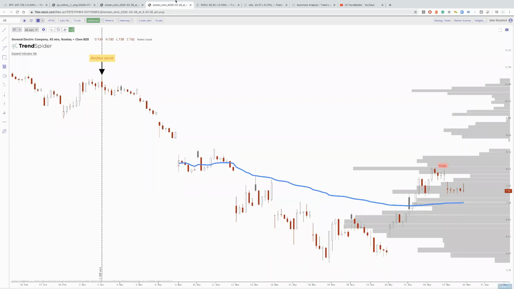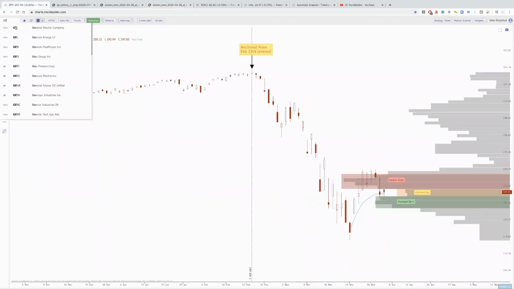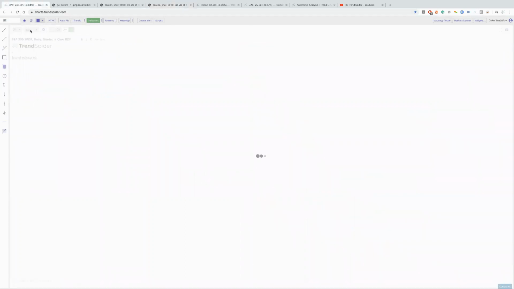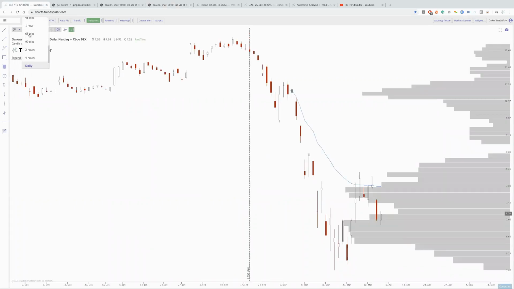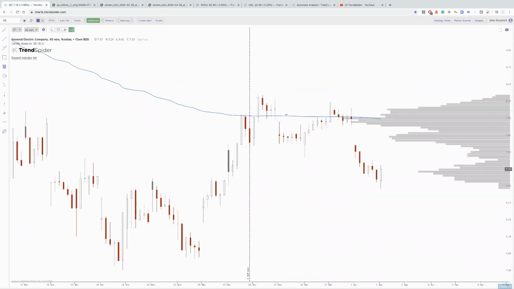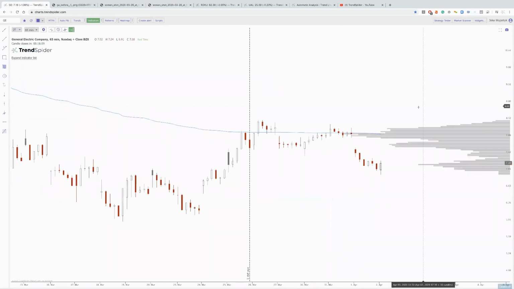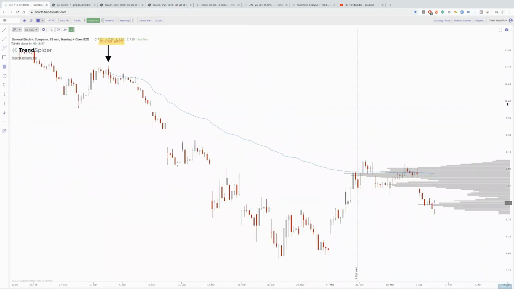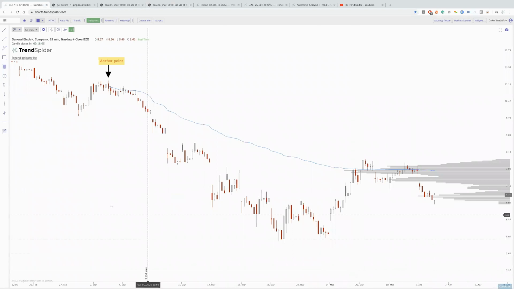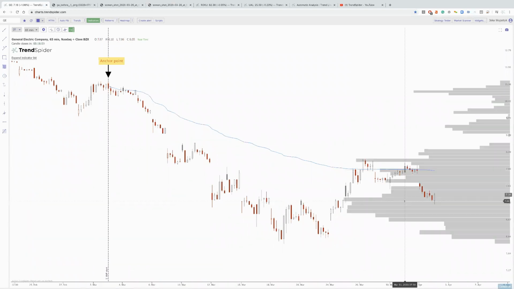If we go to the current chart on GE and we go to the 65-minute candle, we'll see what's currently going on there. Let me anchor it from this point again.